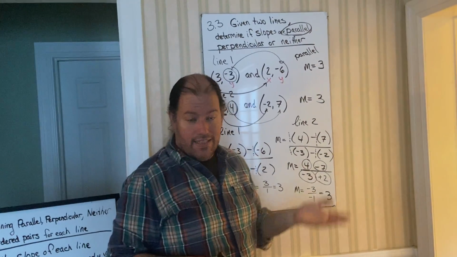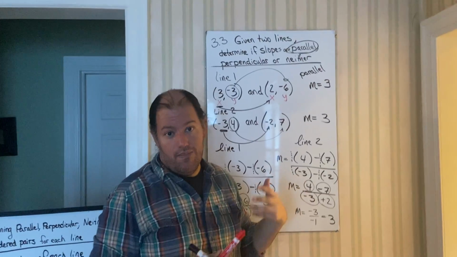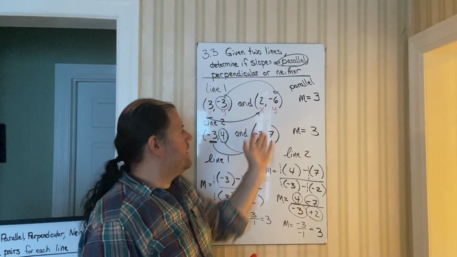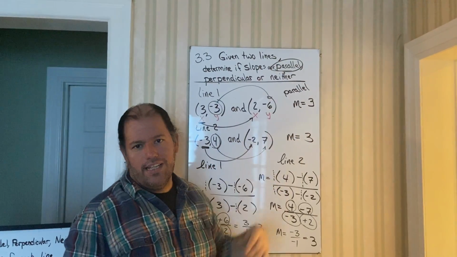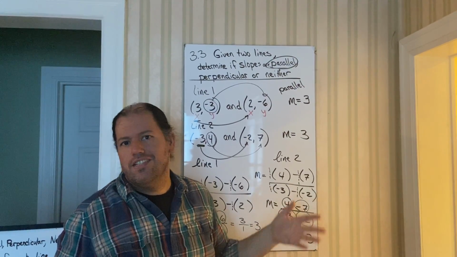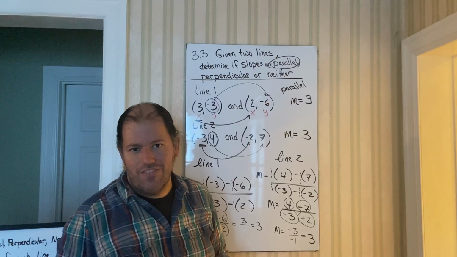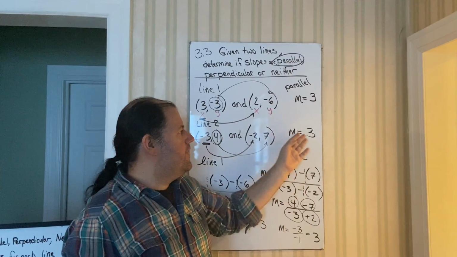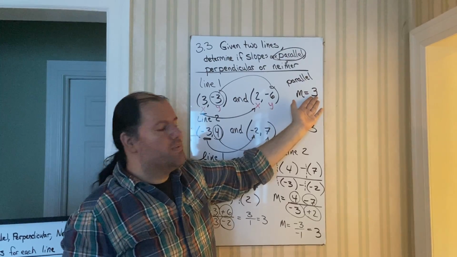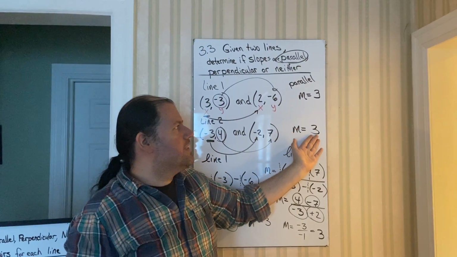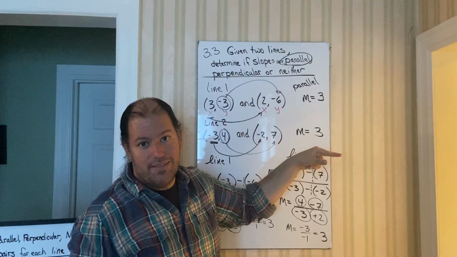That's it. That's how you determine parallel, perpendicular, and neither if they give you two lines. If they give you a slope of 3 and you need to find a parallel line, you just got to remember it has to be the same slope, 3. If this had been perpendicular, then if you had slope as 3, to be perpendicular, it has to have opposite signs.